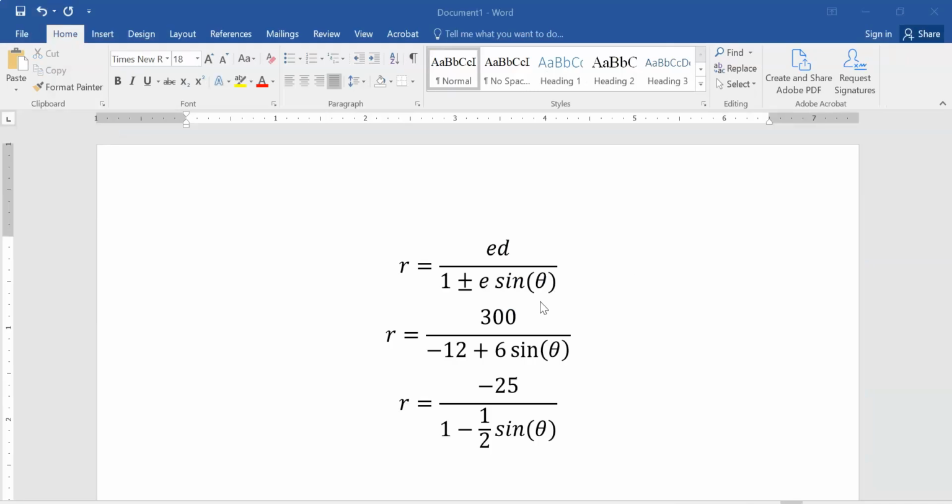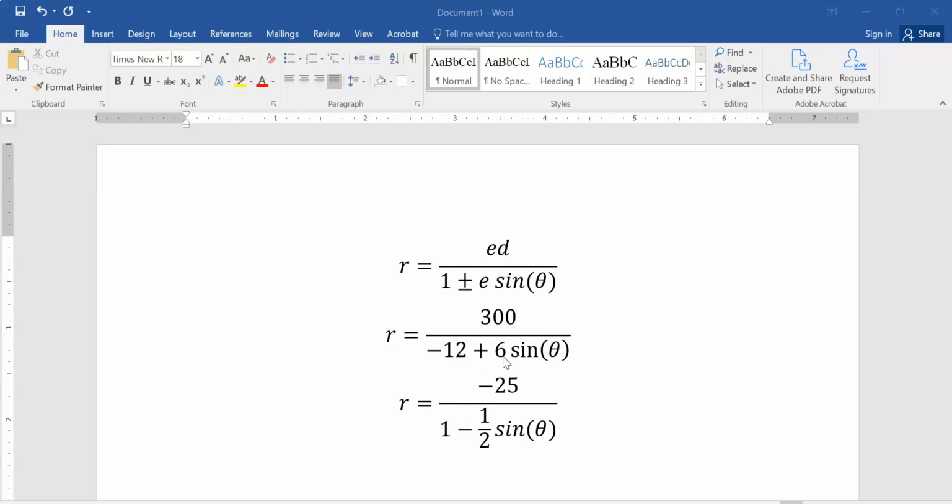The thing about this is you have to be careful that since we have a -12 and we want a positive 1 in this denominator, we need to make sure that when you multiply top and bottom, it's not by 1/12, but rather by -1/12. And so when you multiply the top by -1/12, you get a -25. When you multiply -12 by -1/12, you get +1.